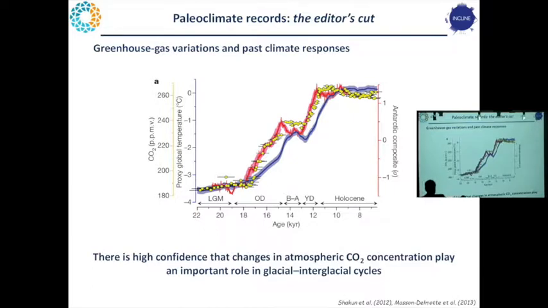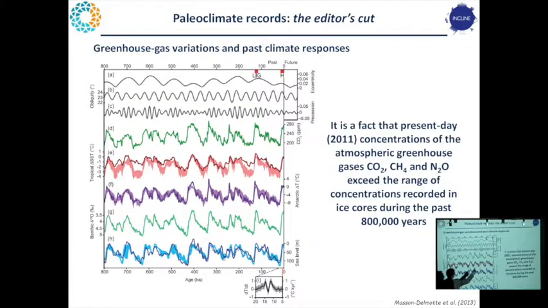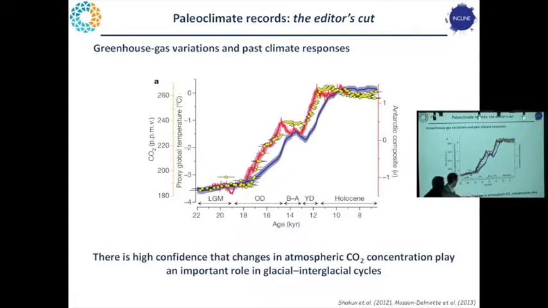So we do believe that this glacial, interglacial, glacial, interglacial cyclicity is related to changes in orbital parameters like eccentricity of the Earth's orbit, obliquity of the Earth's axis, and precession as a third main movement of the Earth. But CO2 plays an important role in this.